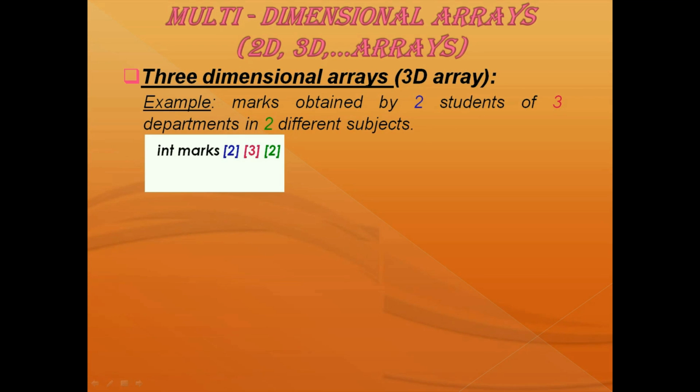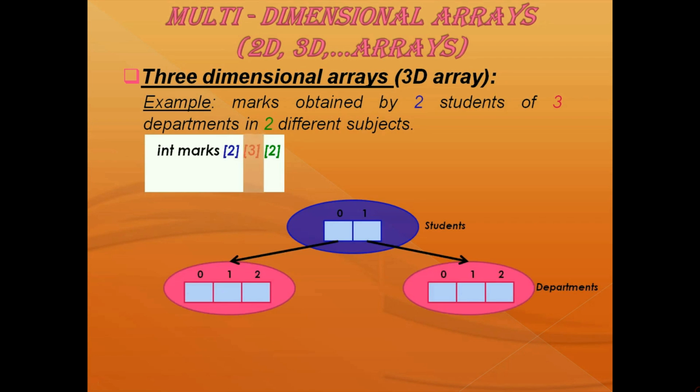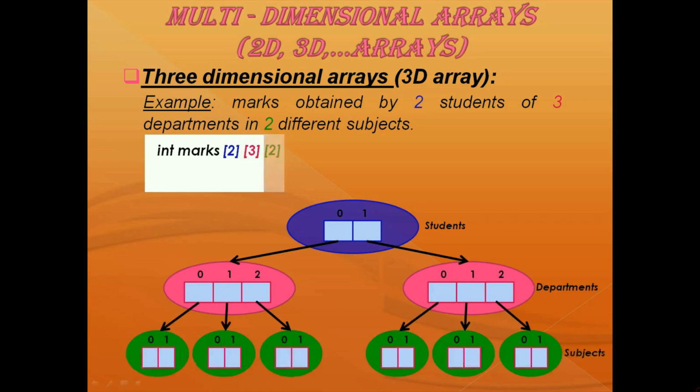We want to represent the marks obtained by two students of each of the three departments in two different subjects. Means here are three things: students, departments, and subjects. So here we have two students and two different subjects in each of three departments.